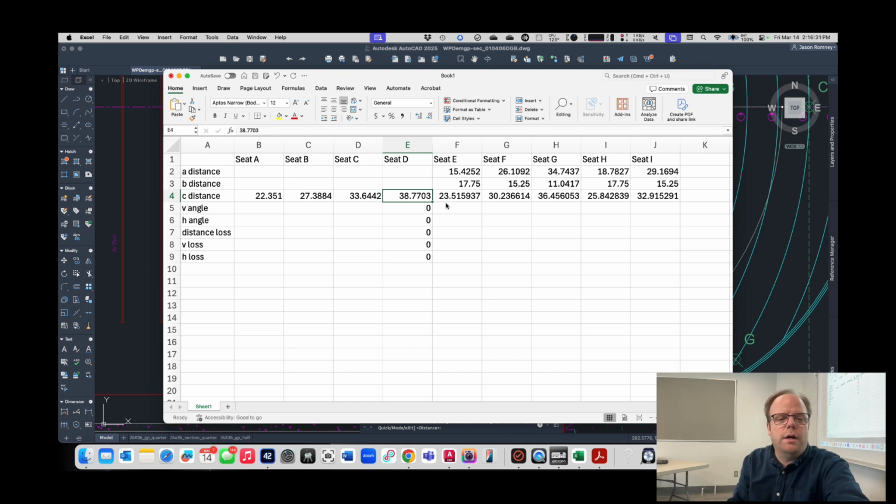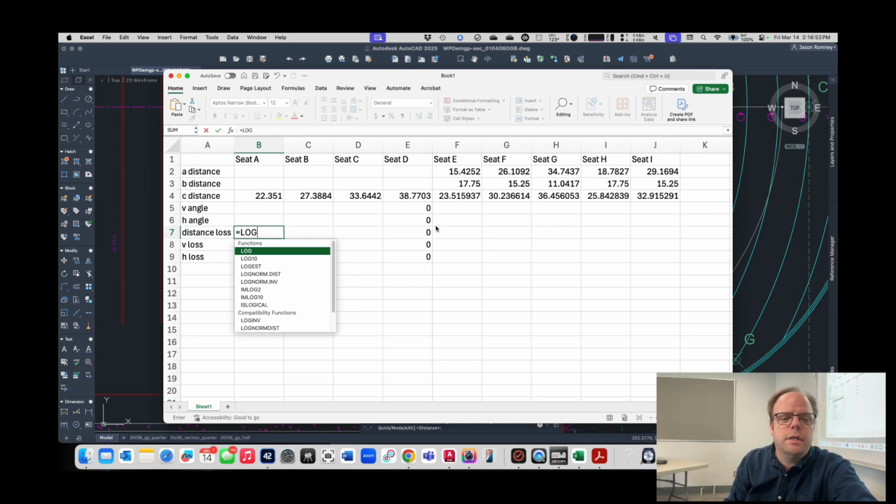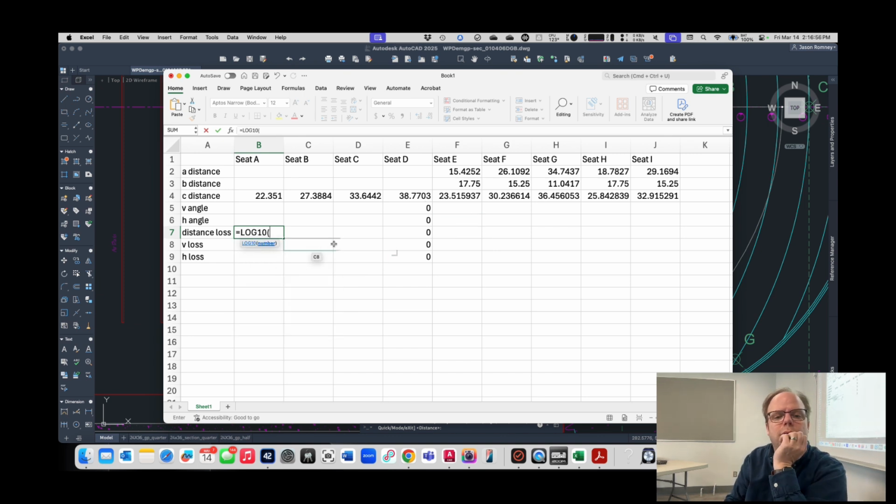Okay, so we can start figuring out distance loss by doing some simple math, because all we really have to do is compare one distance against another distance, and we'll have it. So we want to do a base 10 logarithm of, let's see, seat D divided by seat C, for example.